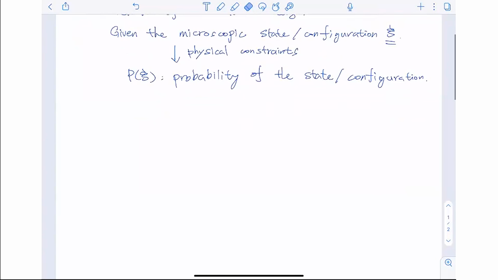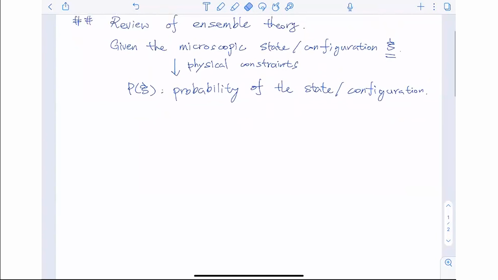Okay, let's go back to the discussion of the ensemble theory. The most important thing is that we want to get this probability distribution for different microscopic states.